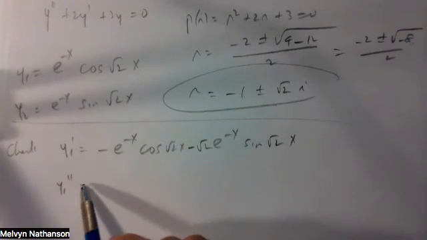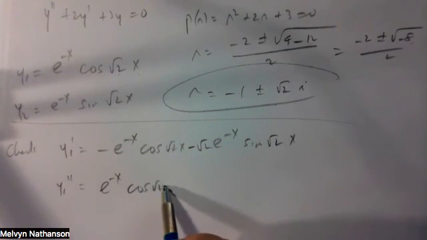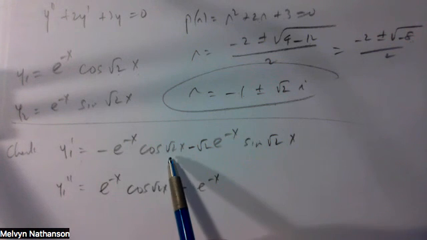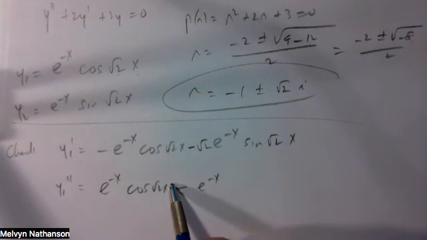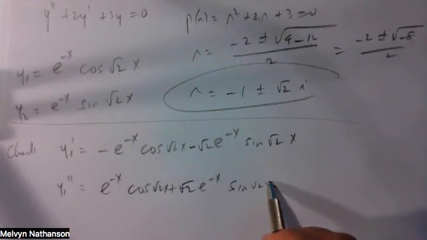And if I differentiate this again, I get e to the minus x cosine root 2x minus e to the minus x. Again, the derivative of cosine root 2x is minus, makes this a plus, root 2 sine root 2x.